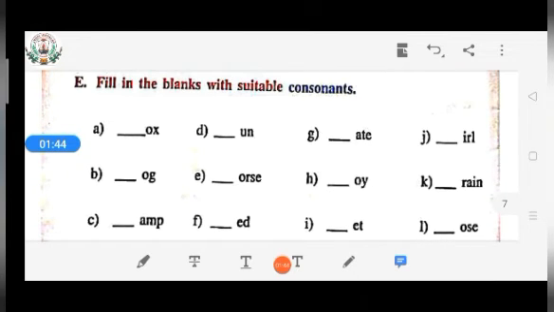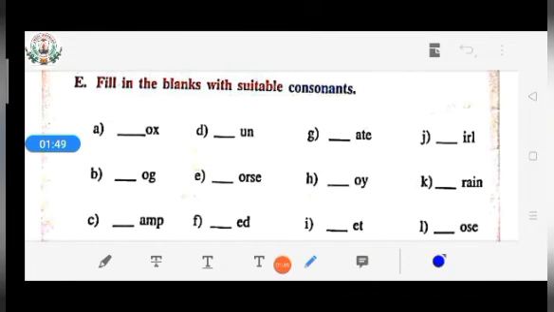Fill in the blanks with suitable consonants. Number 1. F-O-X, fox. G-U-N, gun. G-A-T-E, gate. G-I-R-L, girl. L-O-G, log.